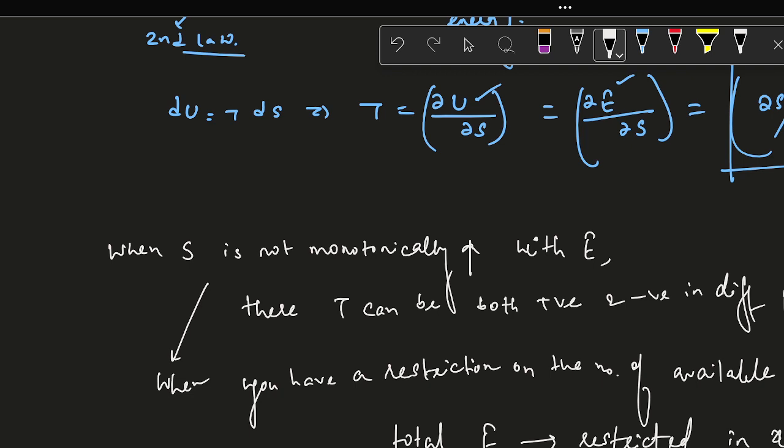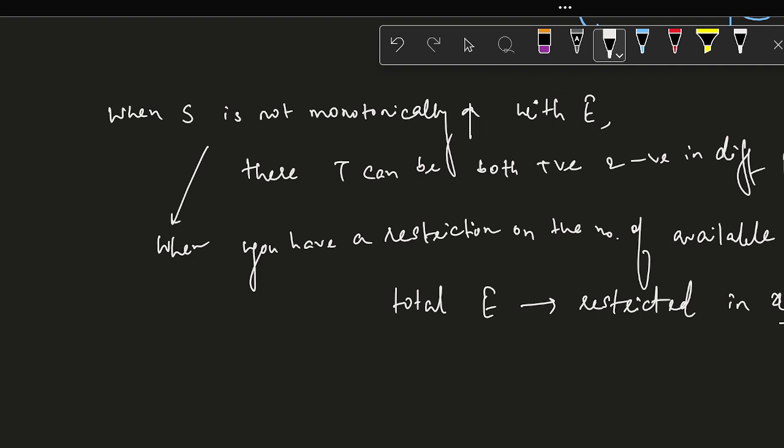Say for example, if you have a finite number of steps, that is let's say you have two marbles given and you are told to arrange them in 3 steps. That means the number of steps is limited. You know that you have 3 steps, you cannot go beyond that, you cannot get more steps. So whatever configuration you choose, you will always end up with a maximum possible energy, right? Beyond that, the energy will not be increasing because the number of steps is restricted itself.